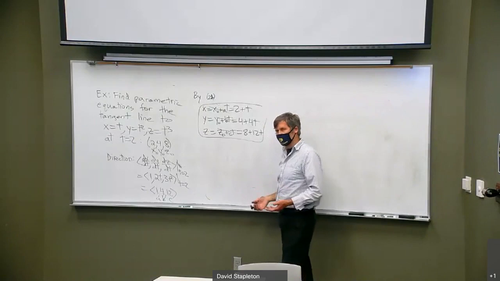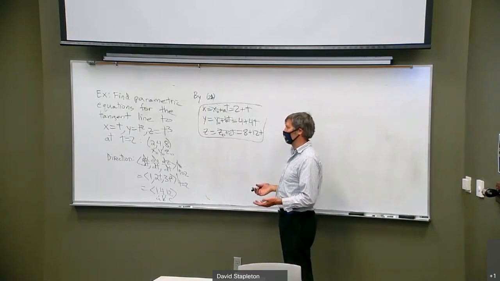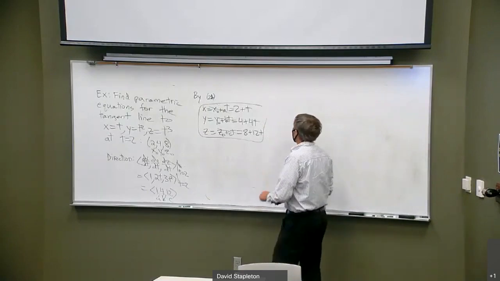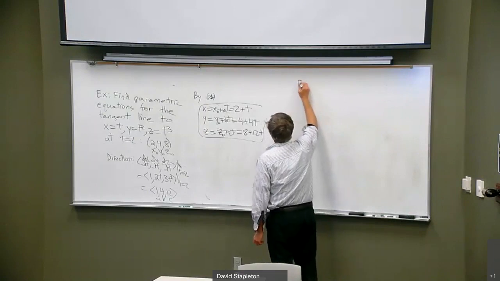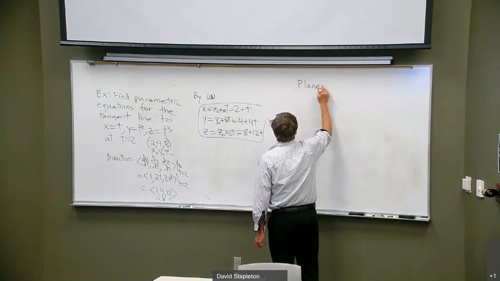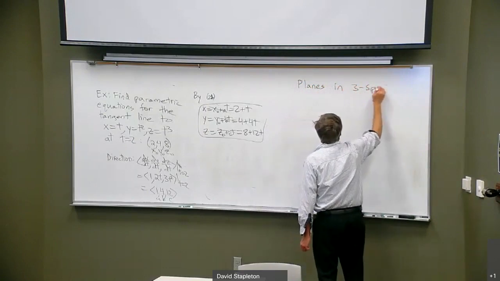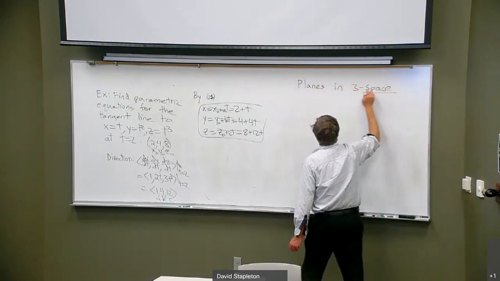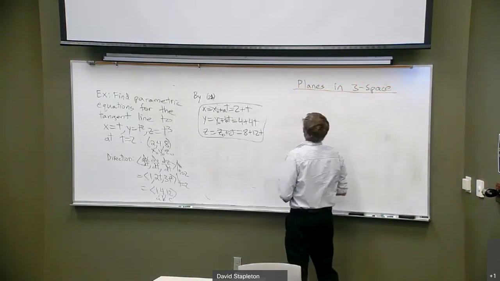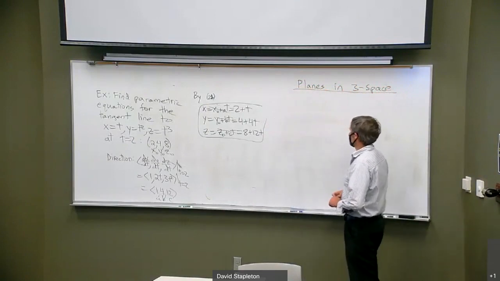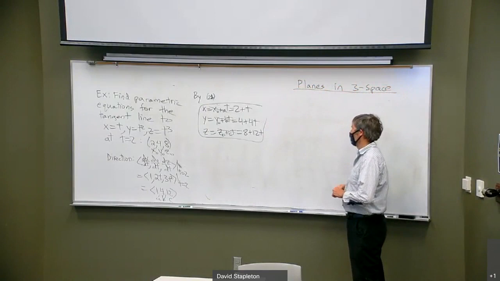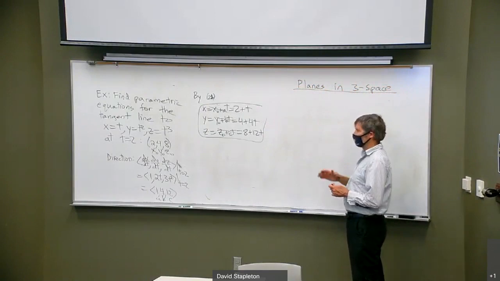Now we're talking three-space, because in x, y space there's only one plane, right? So in three-space, how can we describe planes? And you can actually do higher dimensions too, right? If you take a flat subspace of three-dimensional space, we call it a plane.